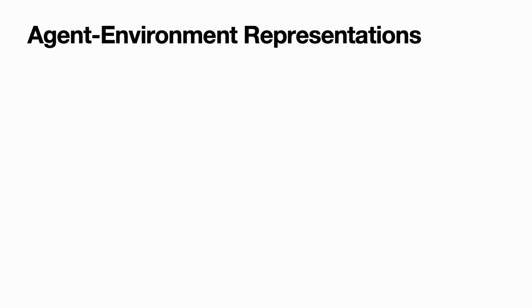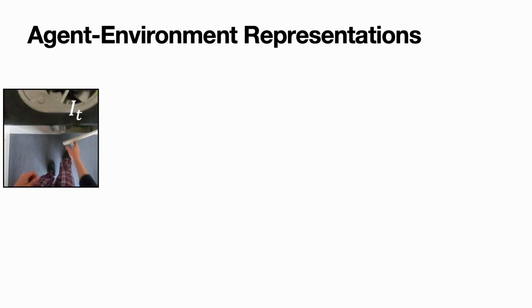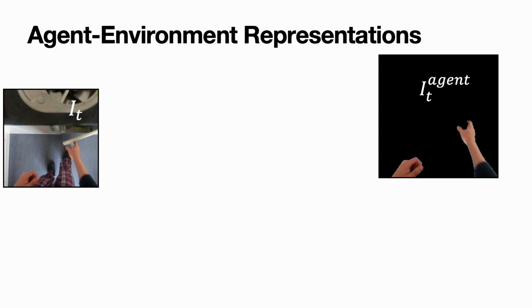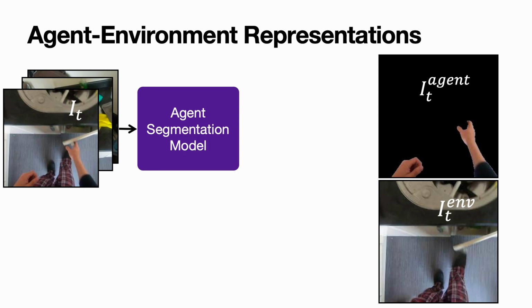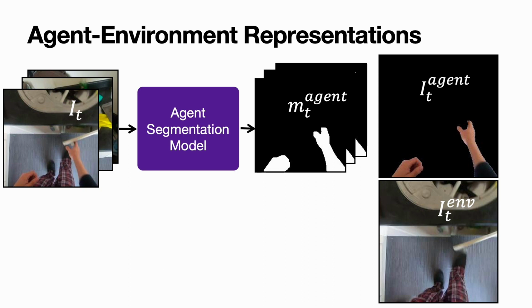We propose a pixel space factorization of egocentric videos into agent and environment representations. For every frame, we produce two images, one which contains only the agent and one which contains only the environment with the agent removed. To produce these factored representations, we start with an input sequence of images. Next, we use off-the-shelf or easily fine-tuned semantic segmentation models to produce a segmentation of the agent.